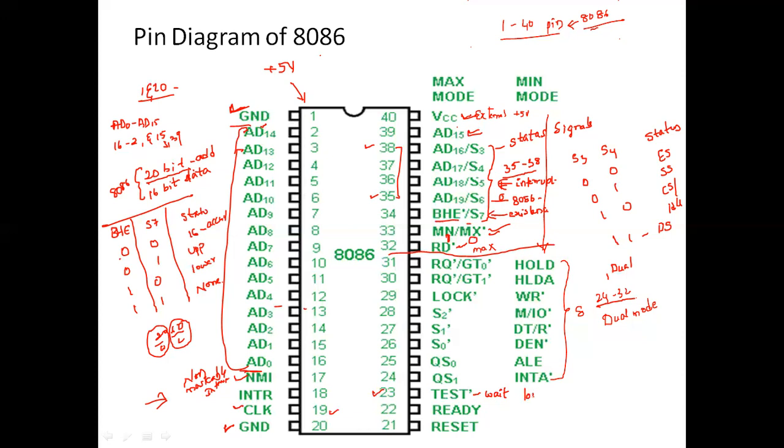Low means the processing continues. In case of a high signal, the processor has to wait. So that is the purpose of this TEST.